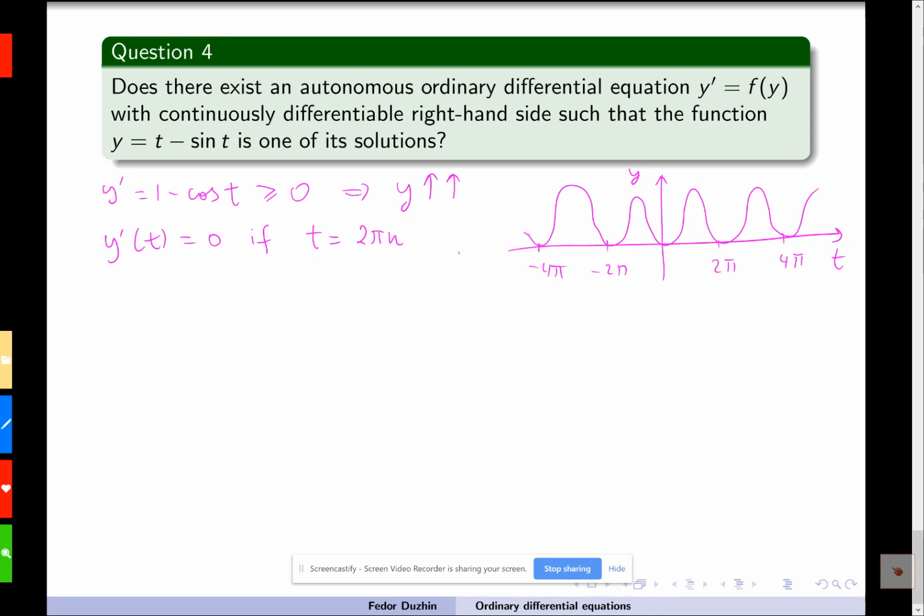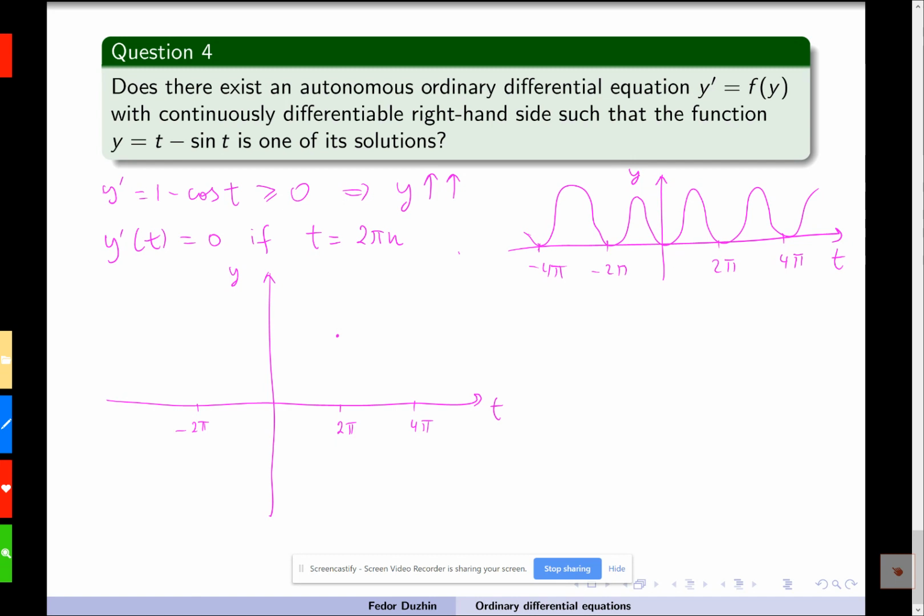Okay, so now using this information, I'm going to plot the graph of the function y on the plane ty. If this is, say, 2 pi, this is going to be 4 pi, this is going to be negative 2 pi.